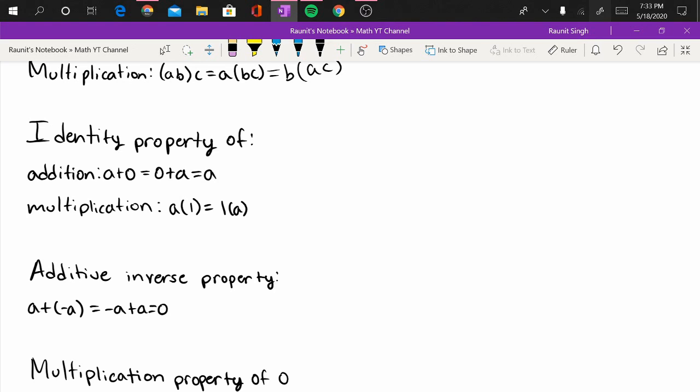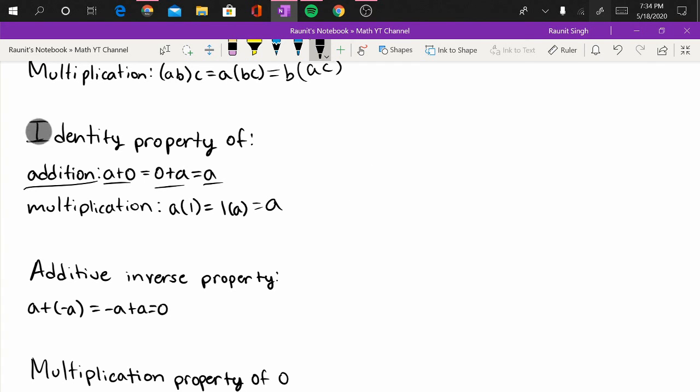So for the addition part, a plus 0 equals 0 plus a equals a. Now for the multiplication, it's the same thing. What number can I multiply with 18 to get 18? And that would be 1. So in the identity property of multiplication, you get a times 1 equals 1 times a is equal to a.